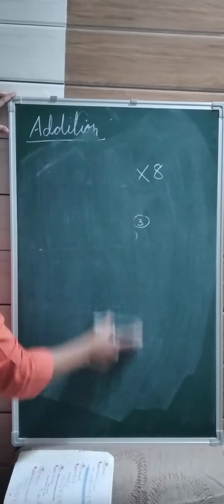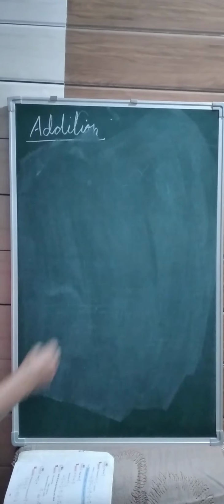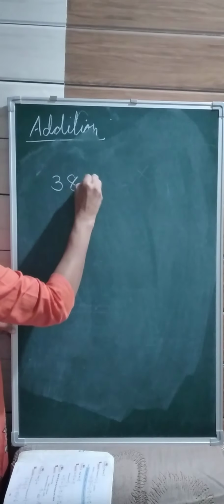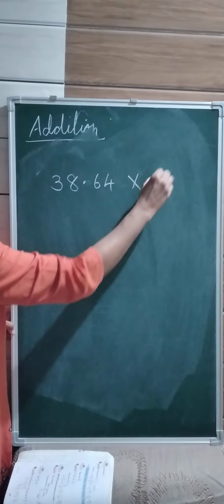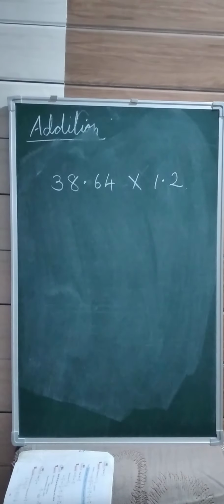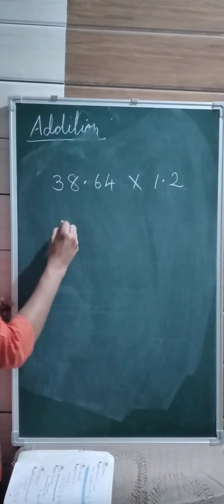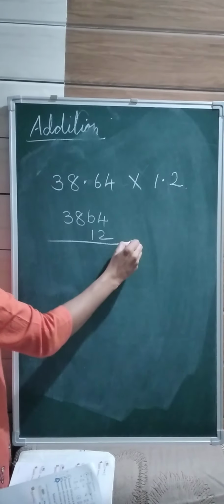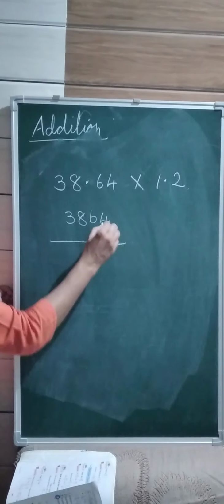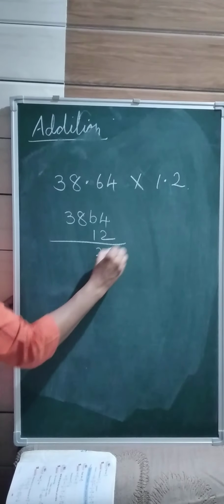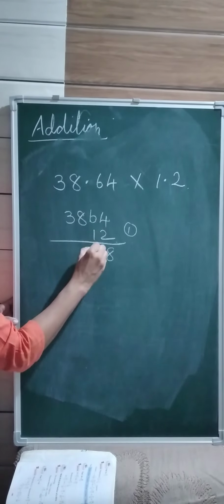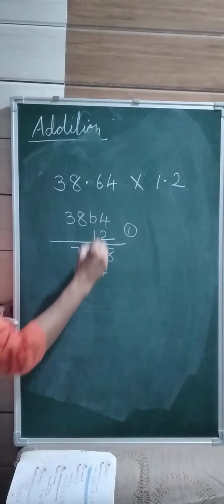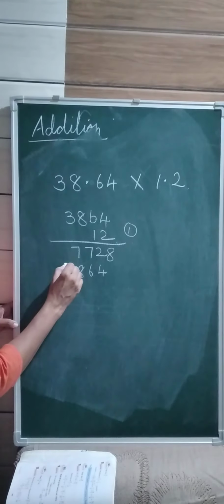One more example I am taking. This time both the numbers are decimals. 38.64 into 1.2. Ignoring the decimal, we can do the multiplication. 2 4s are 8, 2 6s are 12, 2 8s are 16 plus 1 is 17, 2 3s are 6 plus 1 is 7, 1 4 4, 1 6 6, 1 8 8, 1 3 3.